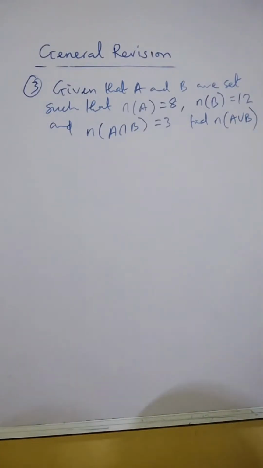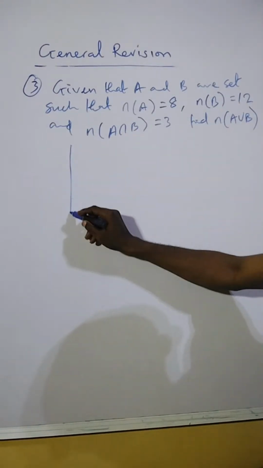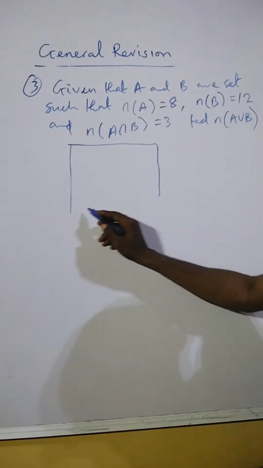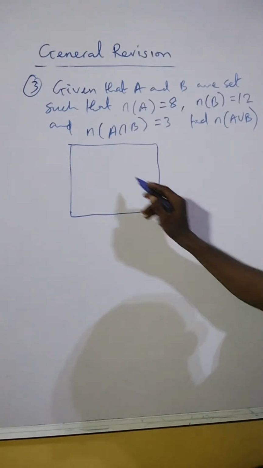So now let's consider this question on sets. By the time we interpret this, we can put it in a Venn diagram. We're talking about 2 sets.